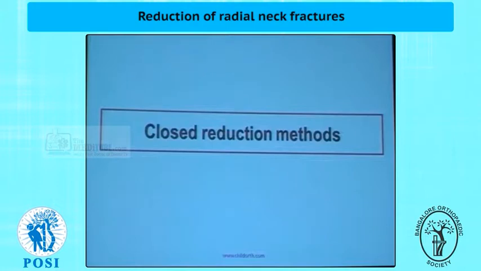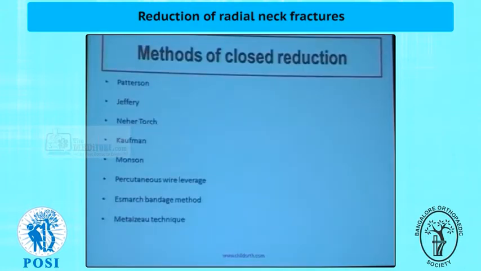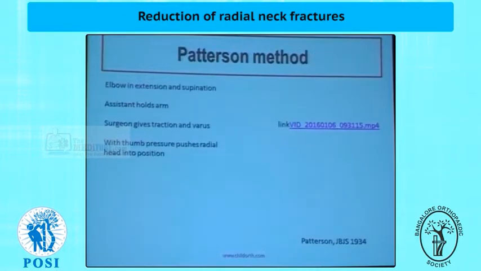As you can see from this slide, a number of closed methods have been described. It may appear daunting to remember all of them, but all we need to know are the principles of reduction. If we know the principles, it becomes quite easy. So let's see each of these methods one by one.